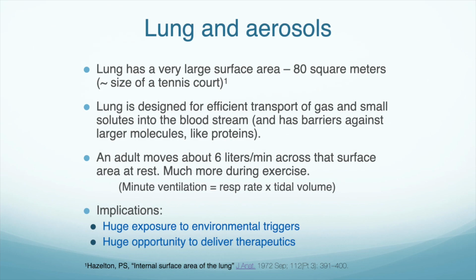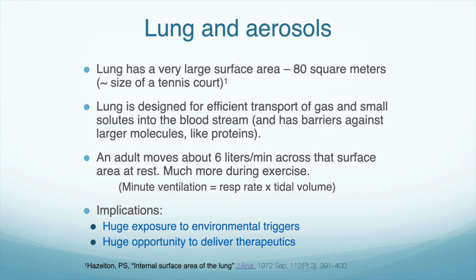The lung has a very large surface area, estimated at 80 square meters, or approximately the size of a tennis court. This design allows for efficient gas transport and transport of small solutes into the bloodstream. Of note, cell membranes and tight junctions between cells form barriers against larger molecules, like proteins, from entering.